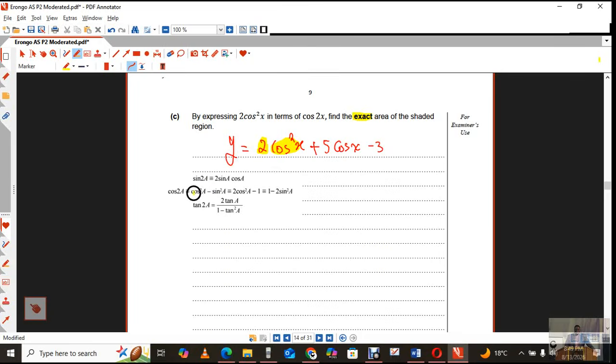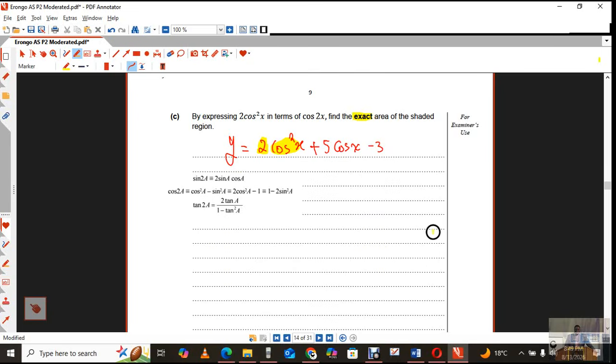Now, which one are you going to pick? There is either cos squared A minus sine squared A, 2 cos squared A minus 1, and 1 minus 2 sine squared A. Obviously, we are not going to change anything to sine. Does that make sense to us?